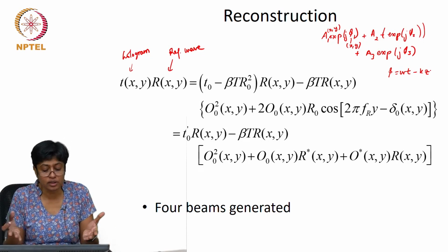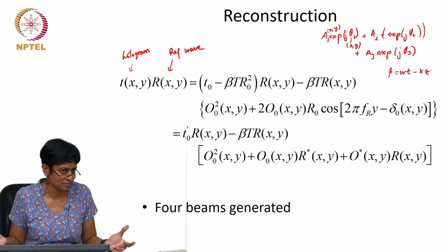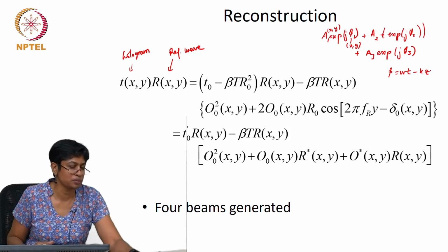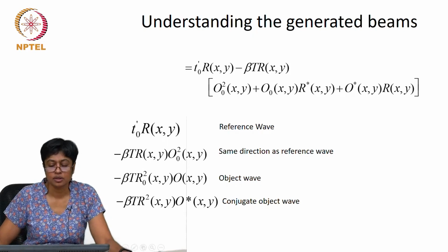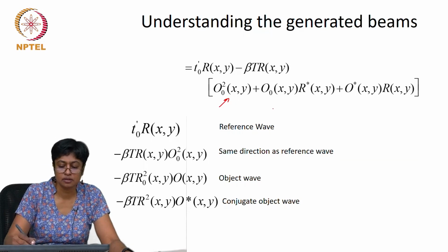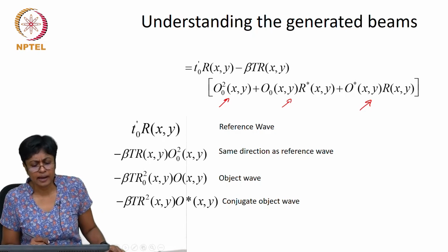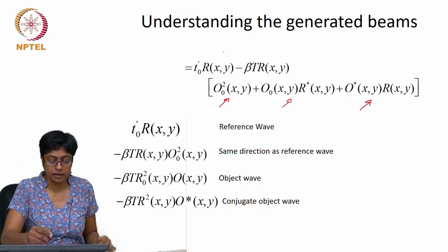And there are 4 terms, so I can quite confidently say it generates 4 beams. Okay. What do those 4 beams mean? So, this is our expression, right? You have this, you have this, and you have this, okay, and of course this.